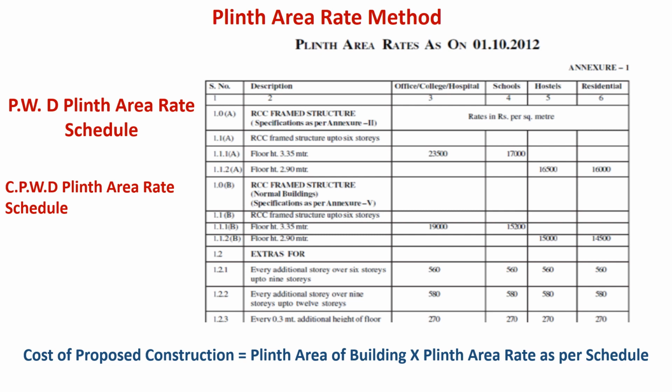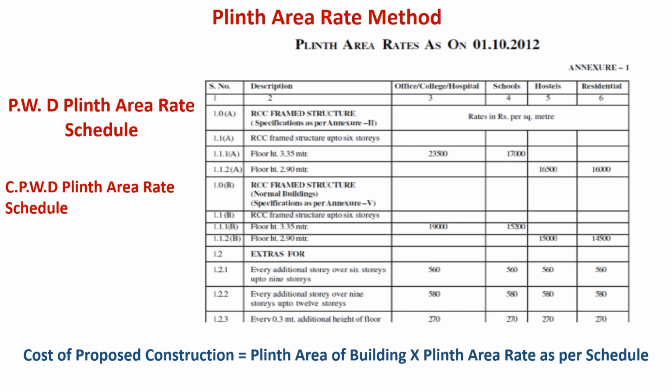Here you can see we have divided our buildings into four segments: first, office or college and hospital buildings, then schools, then hostels, and then residential buildings. Here we can clearly see the RCC framed structures for different types of multi-story buildings and normal buildings are given.